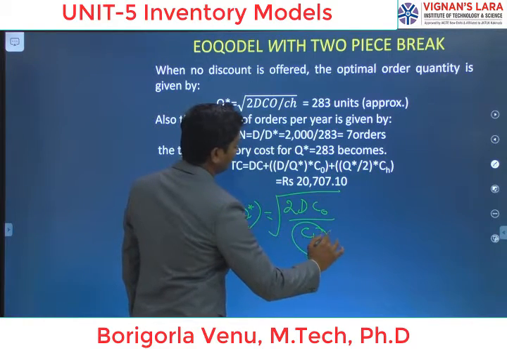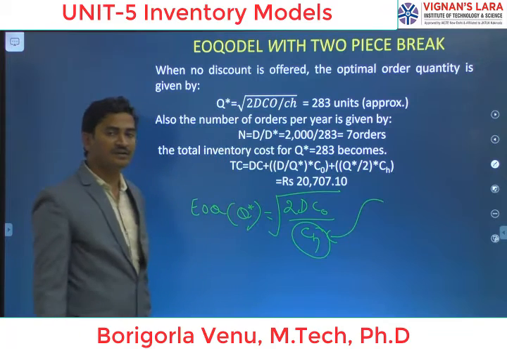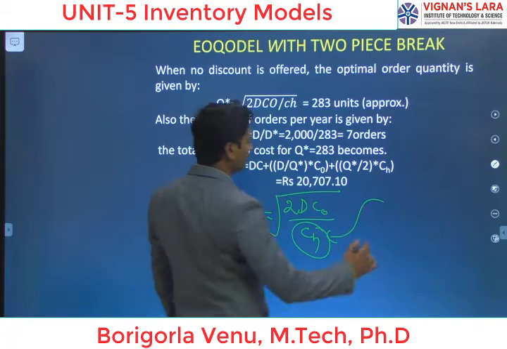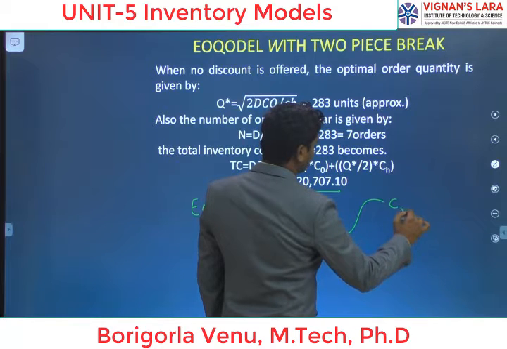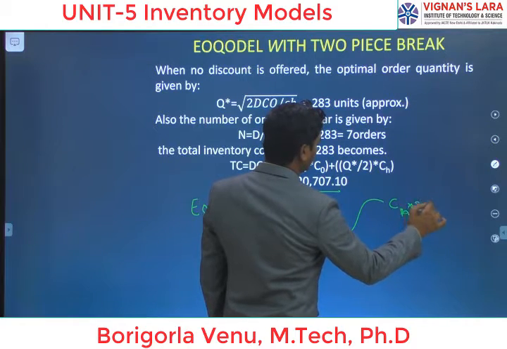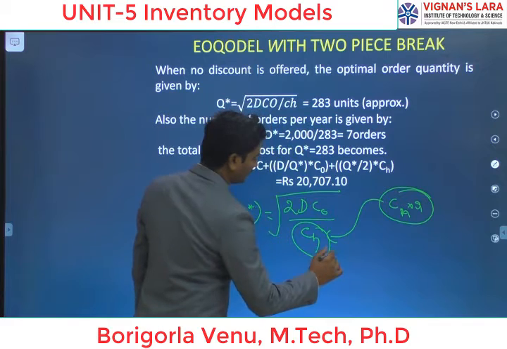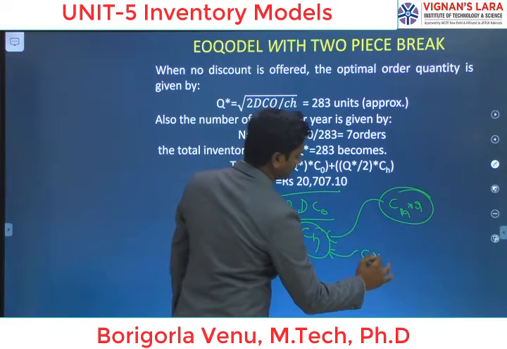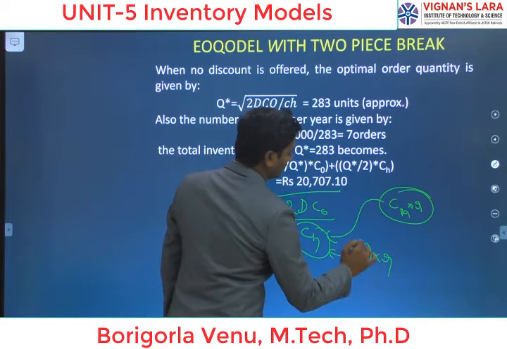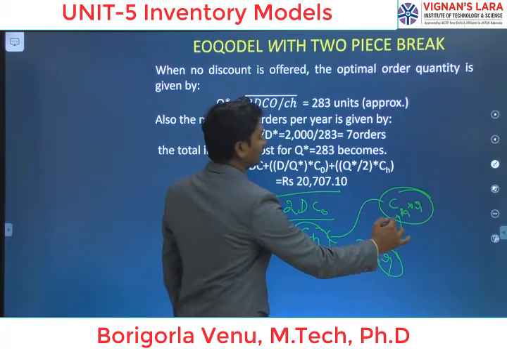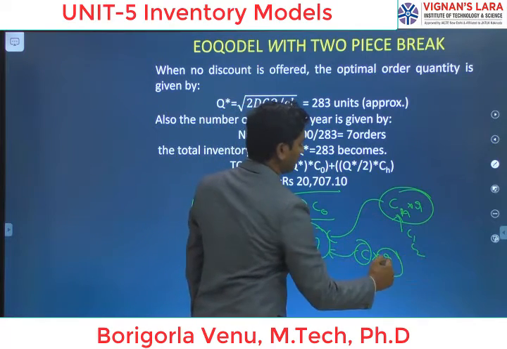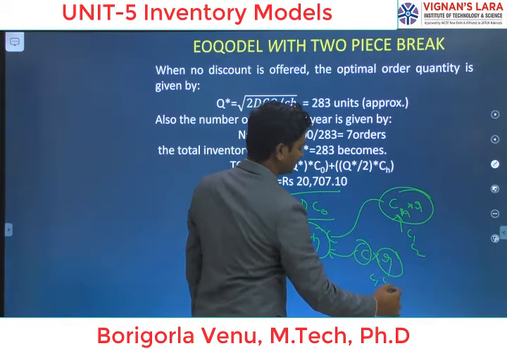In the previous case, the single price break example, we took CH as C into R. Here we take CH equal to C into R. In the previous example we took the cost values C1, C2, but here the cost values are different, C1, C2, C3.